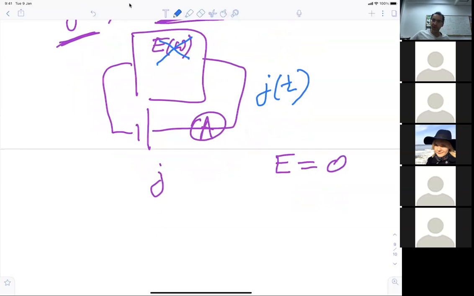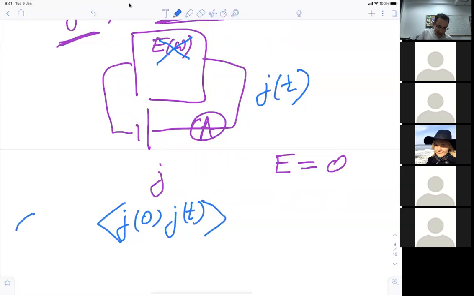So instead of computing the response function to the external electric field E, I will consider a fluctuations of currents that flow in the system. And the statement is that this object is proportional to electric conductivity.